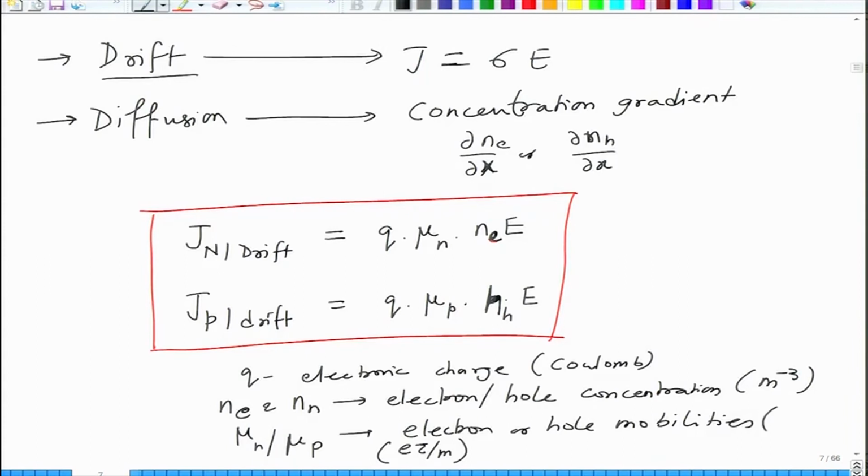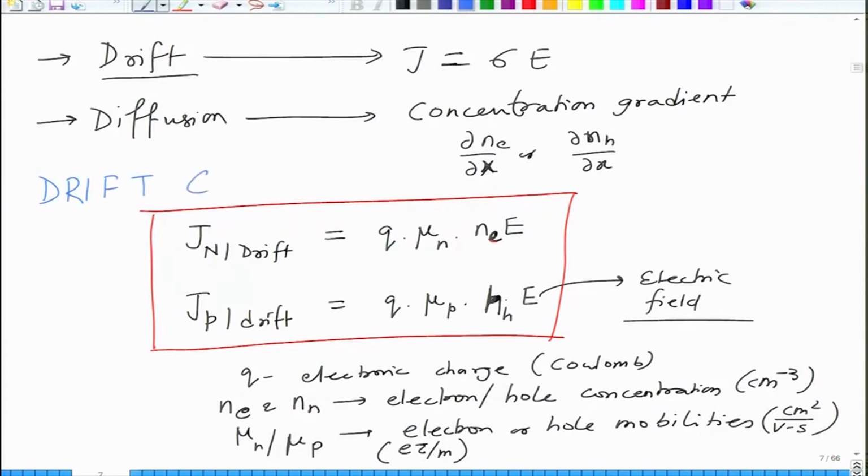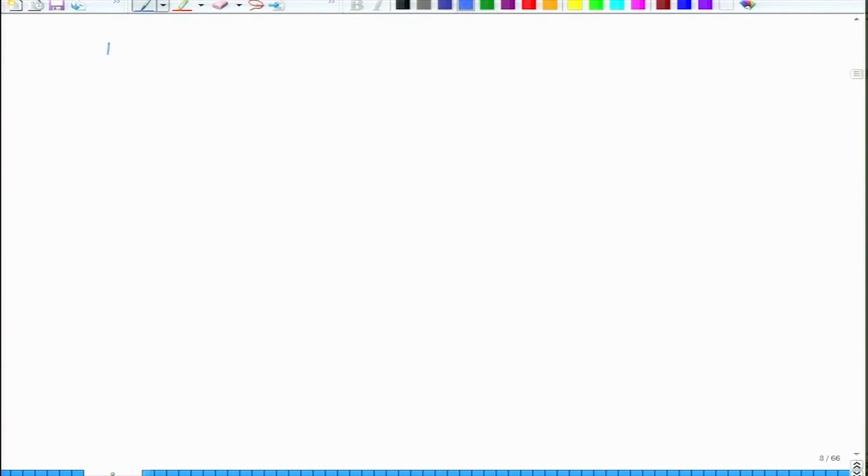And this is in centimeter square or meter square, so if this is in centimeter cube, you can say centimeter square per volt second, and then E is the electric field. So the drift current is basically nothing but Ohm's law. Now, an important parameter in semiconductor is mobility.